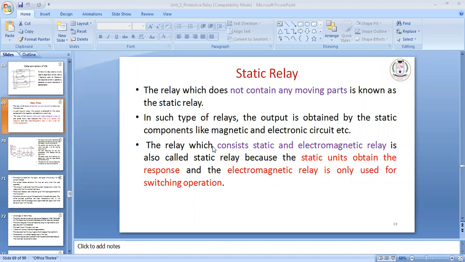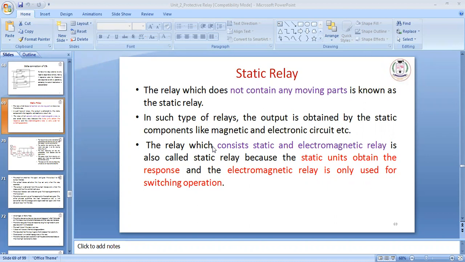All of this depends upon one gate pulse signal, or base signal. Consider a transistor: for current to flow from emitter to collector, we have to give a base signal to the BJT.